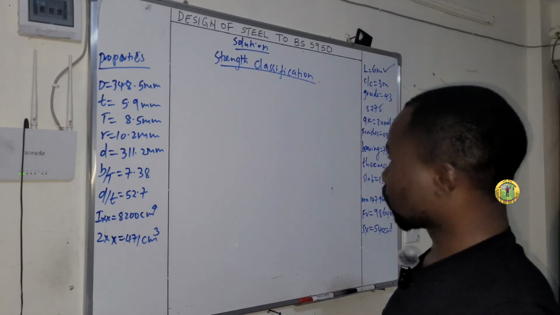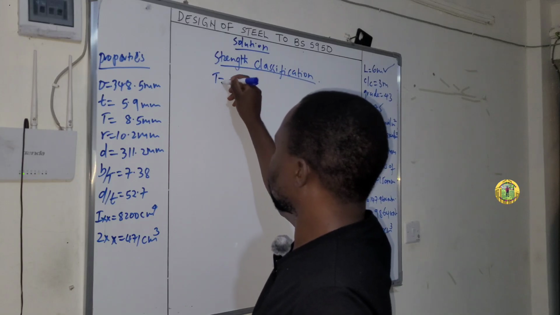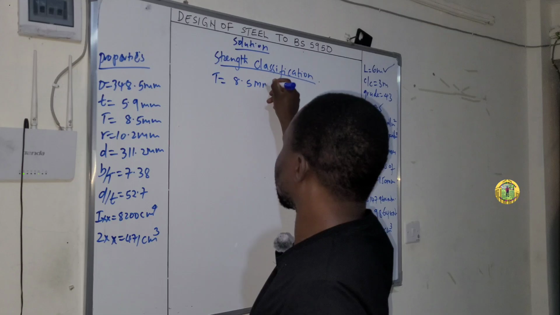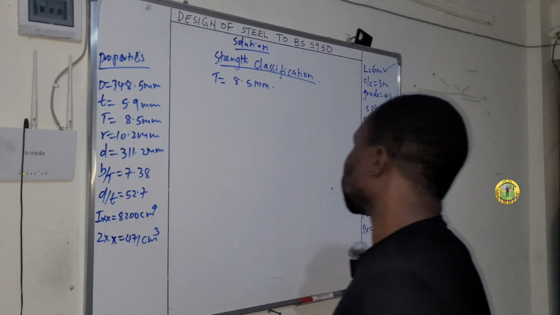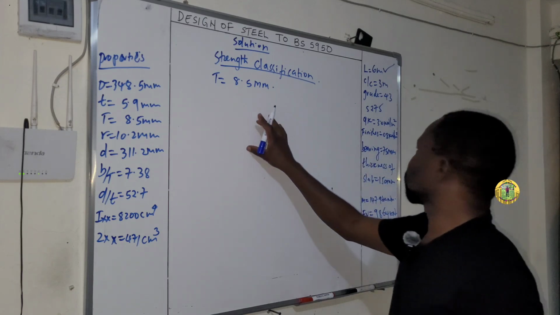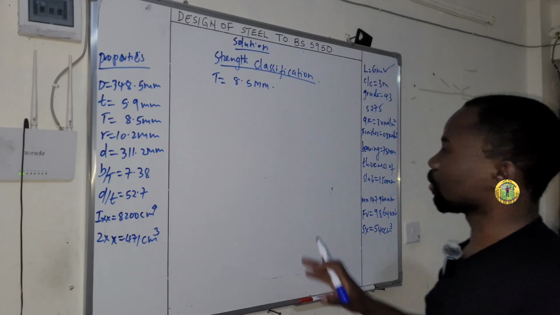For strength classification, we always use capital T, which is equal to 8.5 millimeter. This time round, I will not show you the table for this strength classification because you have seen it several times. So I will go straight to the classification.